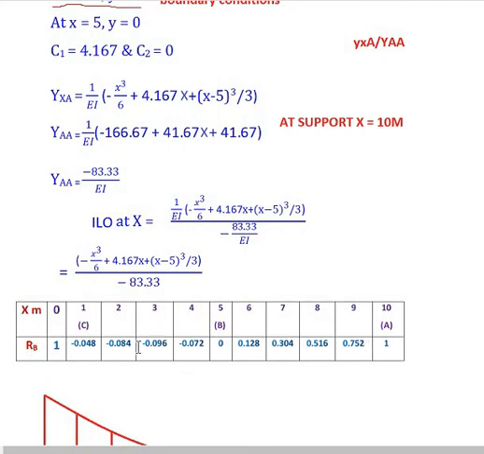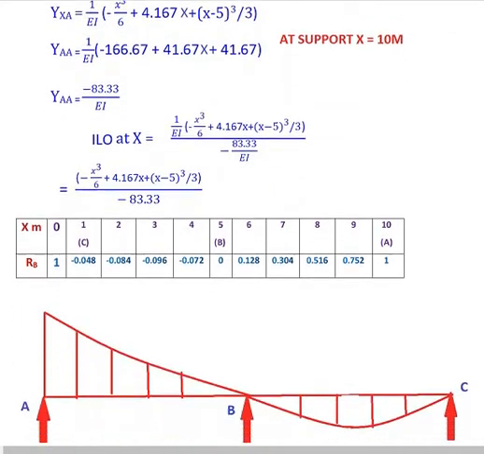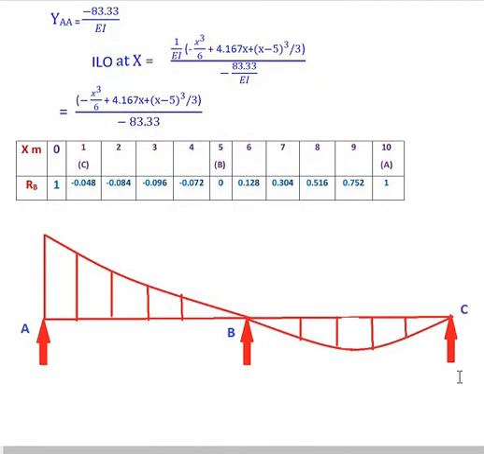Now we have to substitute those values in the diagram. So this is the starting point of the x. Then we substitute x equal to 0. So at x equal to 0, the reaction RB is 0. So this is the starting point. Now I am going to substitute all those values in the influence line diagram. At this point x is 0, and at 1 meter distance the ordinate value is minus 0.048.